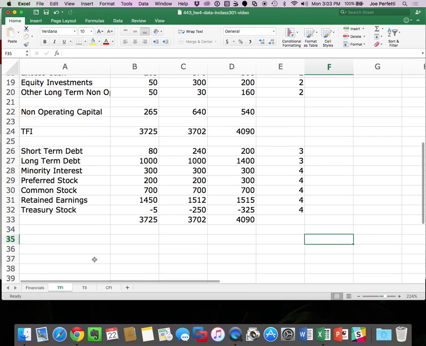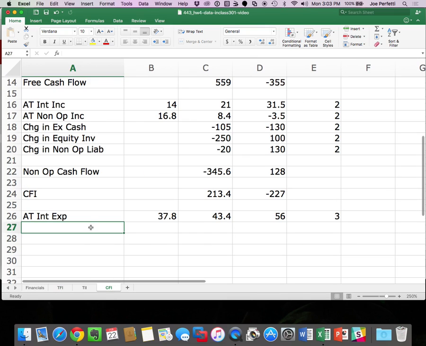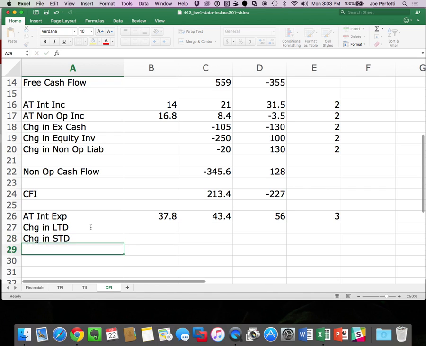I have 2 3's, I have long-term debt, and I have short-term debt. So change in long-term debt, change in short-term debt. All right, my short-term, sorry, it's supposed to be short-term first, long-term second.